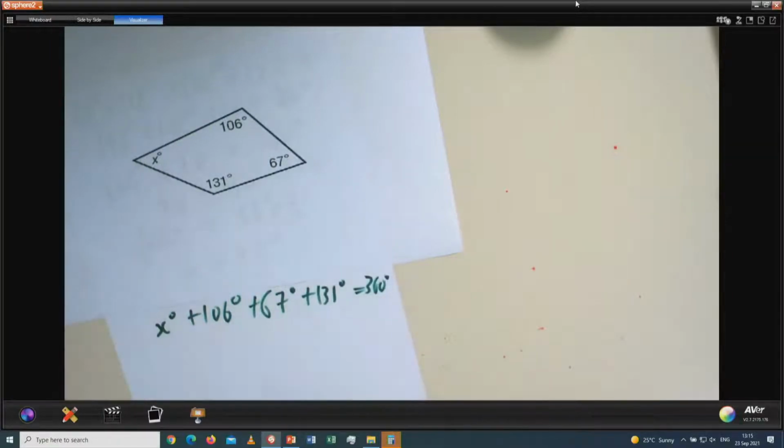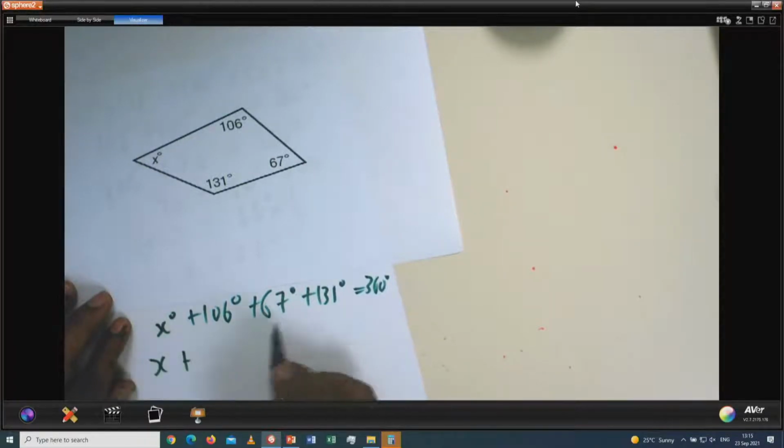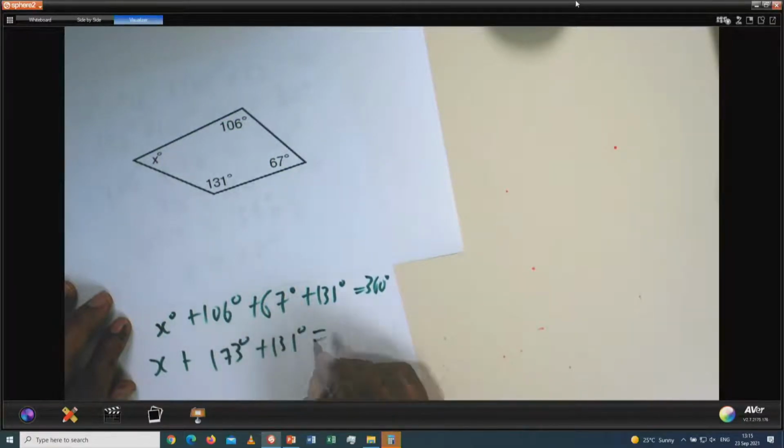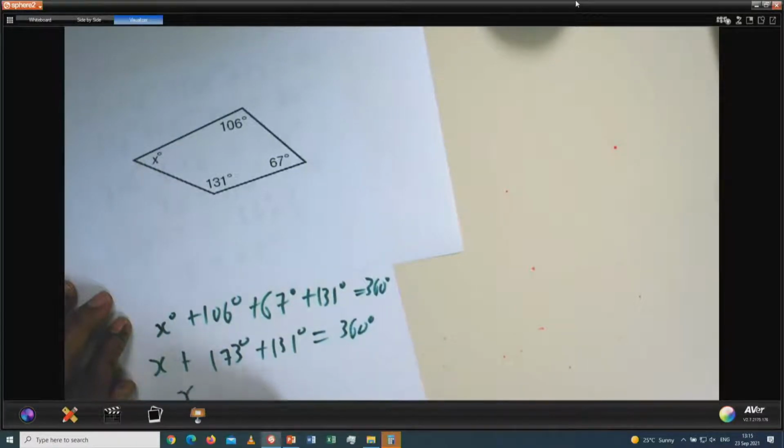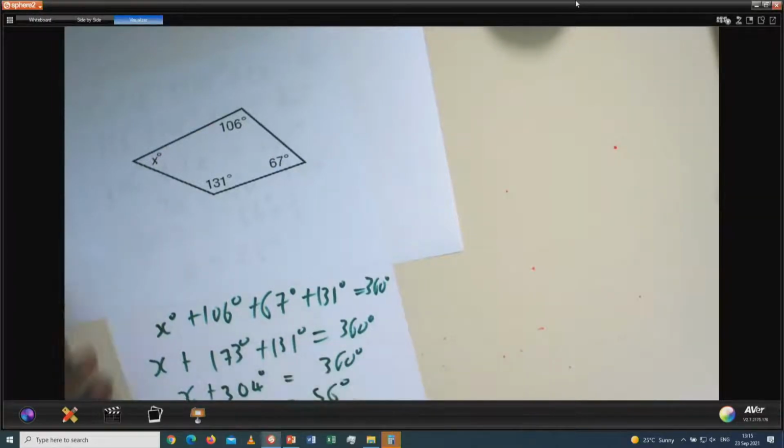When you add all angles of a quadrilateral, they give you 360. x plus 6 plus 7 is 13, 7, 1 degrees plus 131 degrees equals 360 degrees. x degrees plus 4, 10, 3, which equals 360 degrees, and x equals 56 degrees.